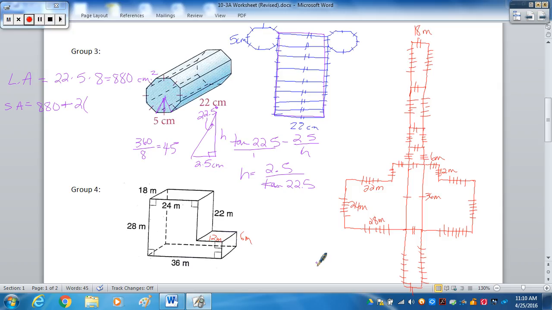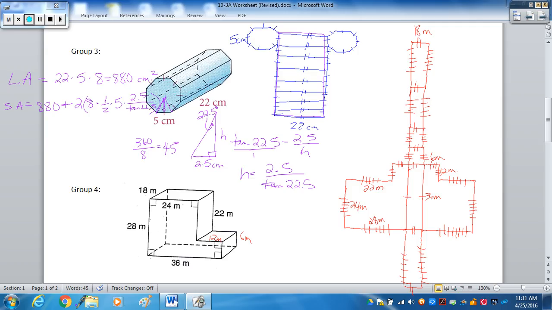Okay. So from there, if I work this out, we're looking at 2. Now there are going to be 8 triangles here. Okay. And each triangle has an area of 1/2 the base, which is 5 centimeters, times the height, which is what we just found. Okay. 2.5 divided by the tangent of 22.5, you can't read that. Okay. Again, my apologies for the sloppiness of that.